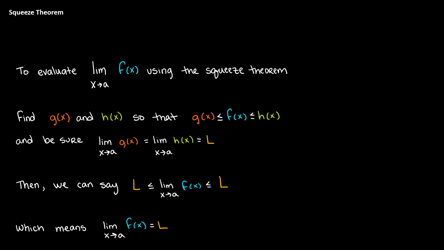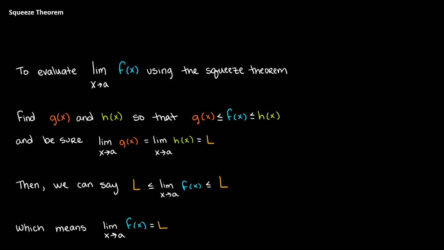Now we can generalize this for any function f of x. If we want to use the squeeze theorem to evaluate a limit for some function f of x, we need to find g and h so that we can build this inequality. We need the smaller than function and the larger than function. And we have to make sure that the outer functions, g and h, have limits that go to the same value when we allow x to approach a.